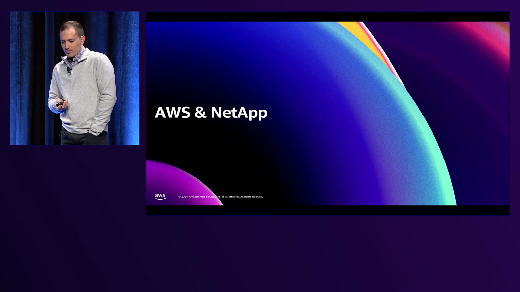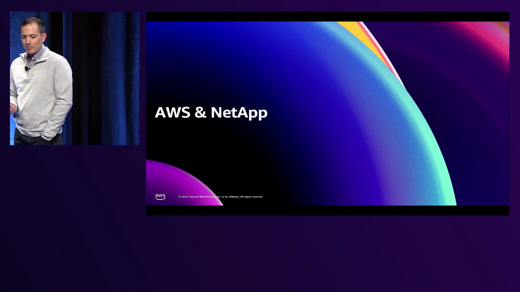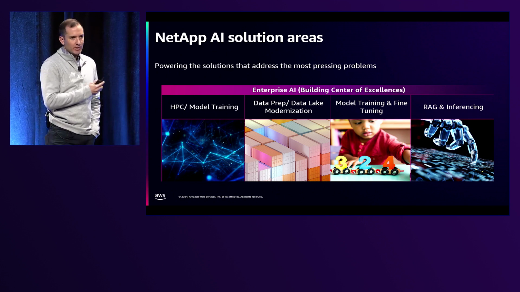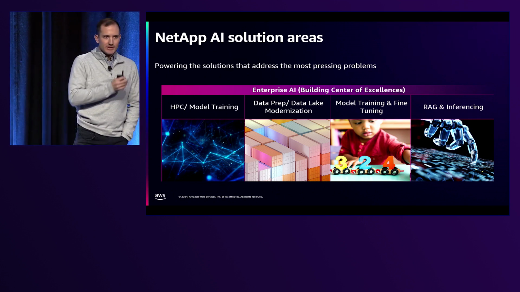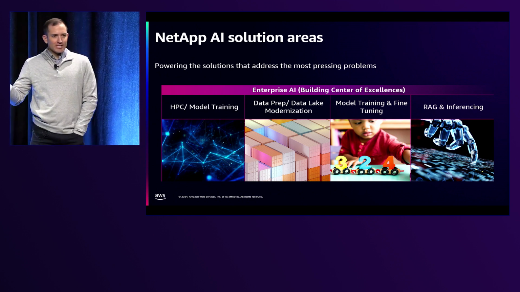Okay, so let's talk a little bit about some of the solutions that AWS and NetApp offer today. So NetApp, our goal is to make sure that we provide you the tools to tackle your AI challenges across the entire life cycle. So what exactly does that mean?